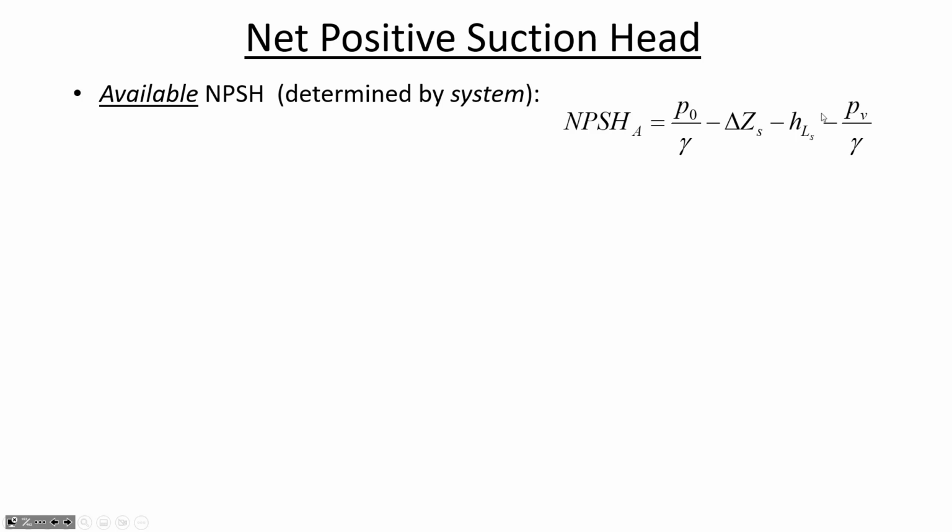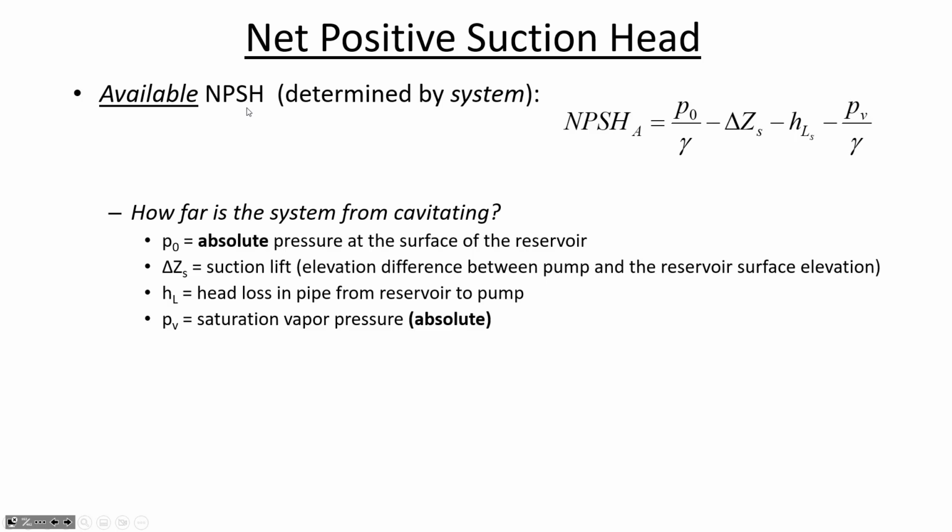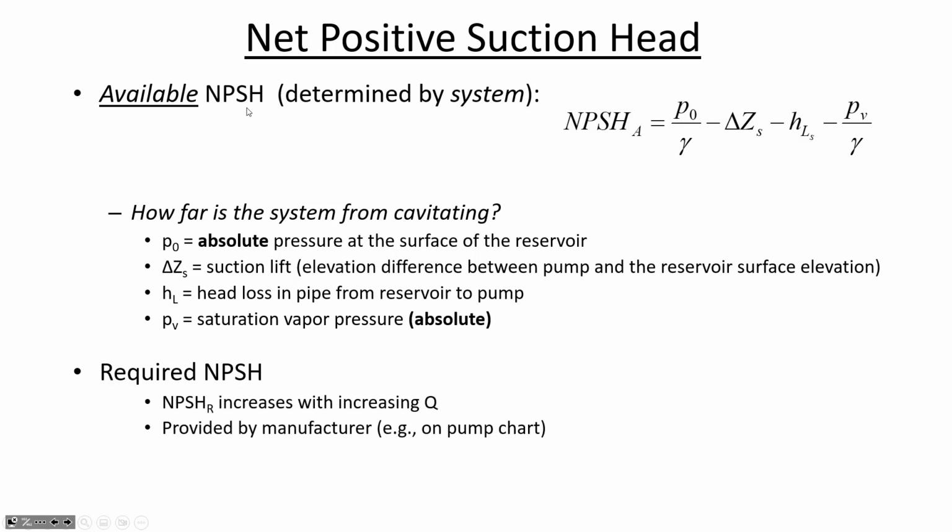It only matters what happens between where the water's getting started and the pump. So it's just the suction side. And then you also subtract out the vapor pressure of the water. So that will tell you how much is available, and then what you do is compare it to the required net positive suction head, and if the available is greater than what's required, then there won't be cavitation.